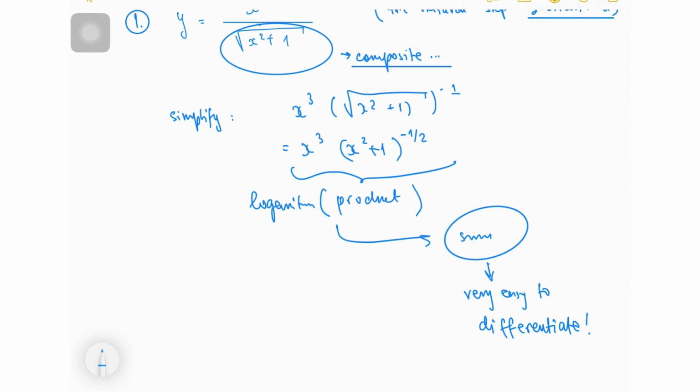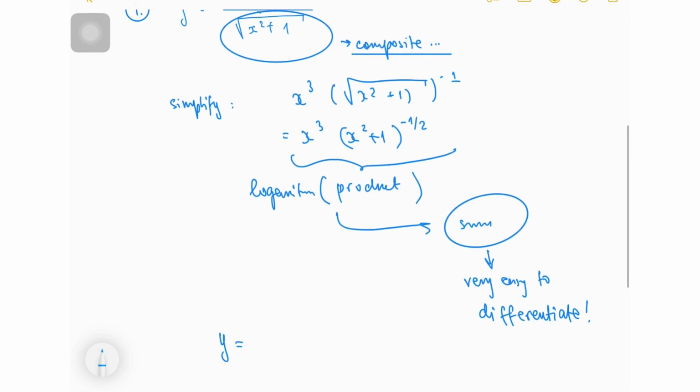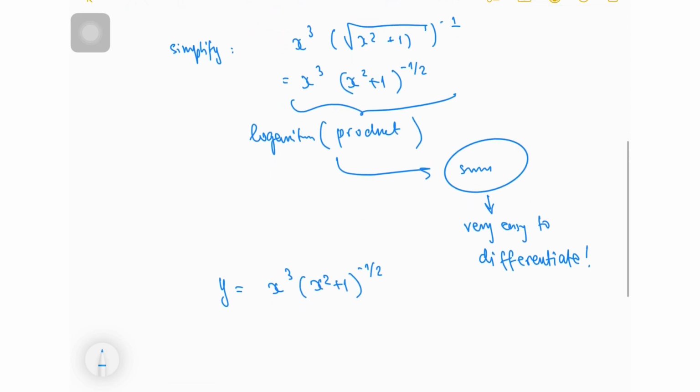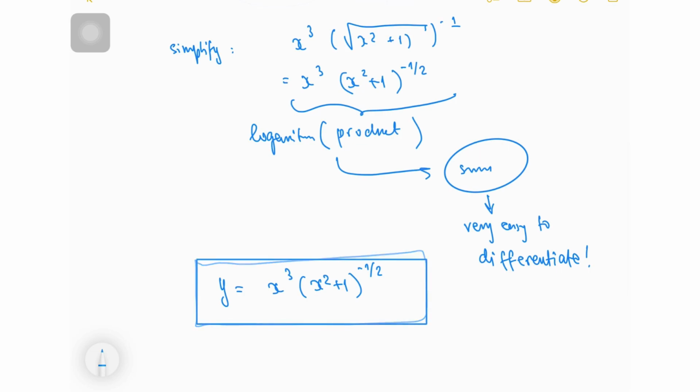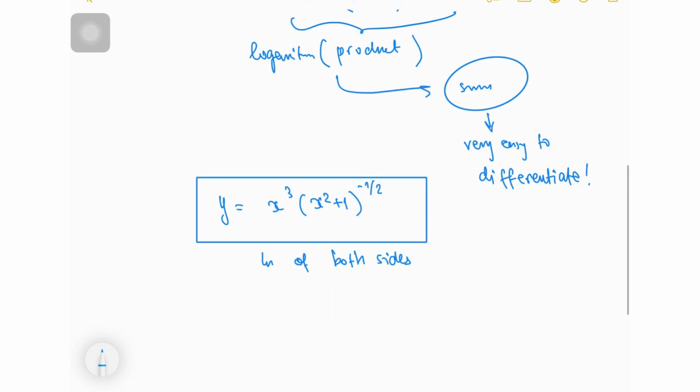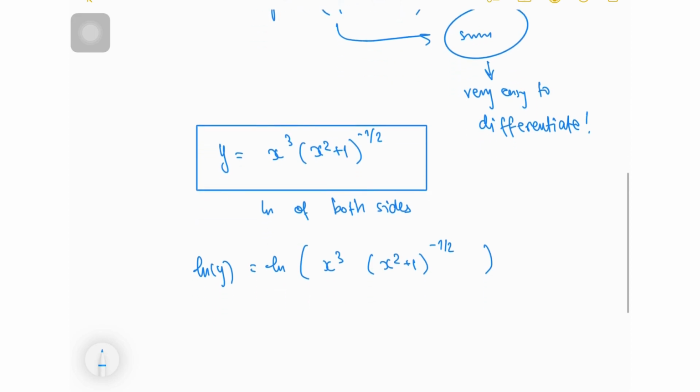So we can write here y equals x cubed times x squared plus 1 to the power minus 1 over 2. Now let us take ln of both sides. That is ln of y equals ln of x cubed times x squared plus 1 to the power minus 1 half.